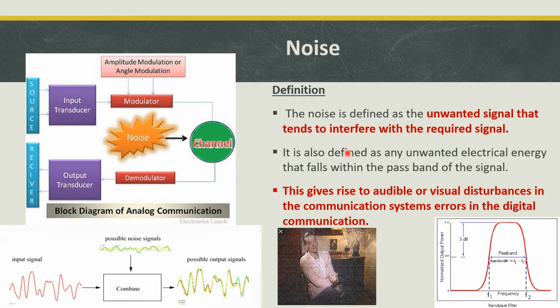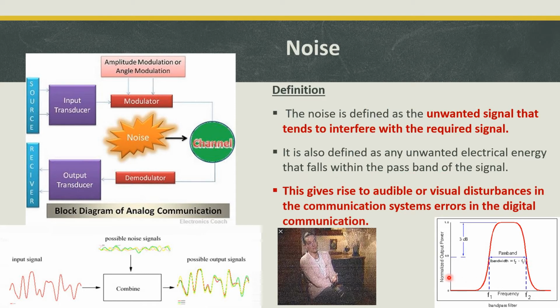Noise is defined as the unwanted signal that tends to interfere with the required signal and reduces the quality of the communication system. It is also defined as unwanted electrical energy that falls within the pass band of the signal.